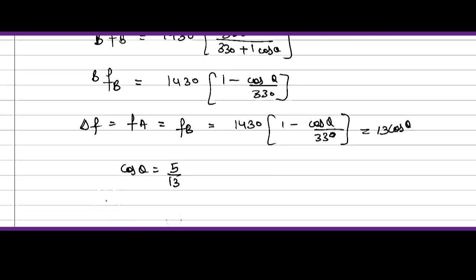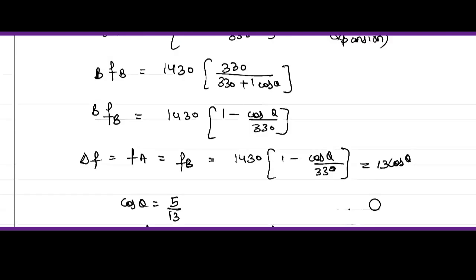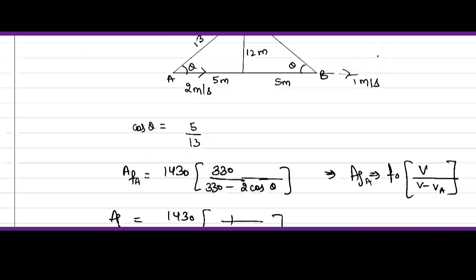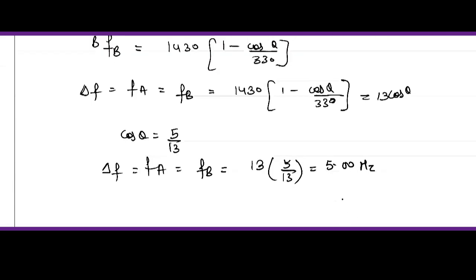So from this we get delta f, the difference of the apparent frequencies of A and B, is 13 into 5 divided by 13. So this is equal to 5 Hz here. So this is our answer for this question, the beat frequency heard by the man at this instant. So this is 5 Hz.